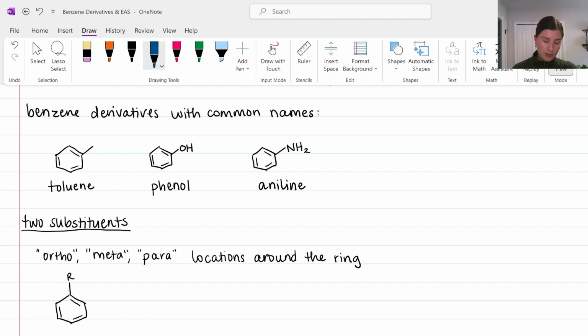If the other substituent is on the adjacent carbon to that R group, or to whatever group is on the ring, we call that the ortho position. So that carbon would be ortho, and the carbon to the left would be ortho.